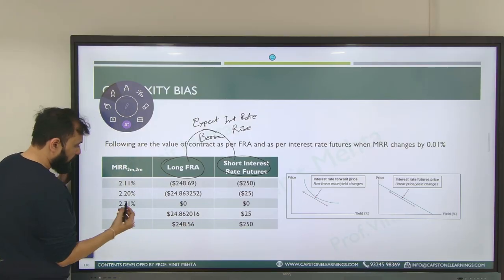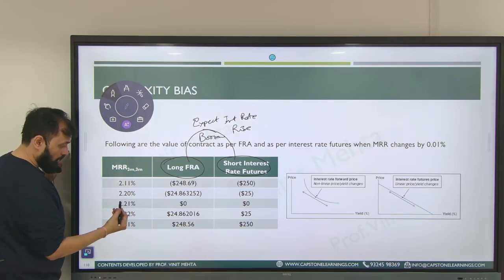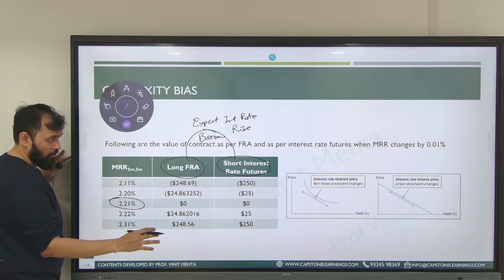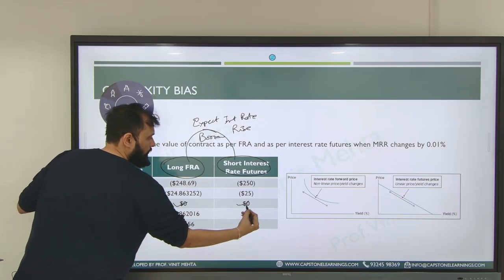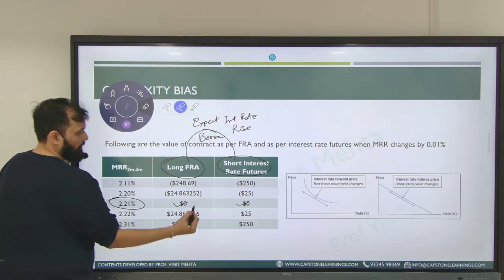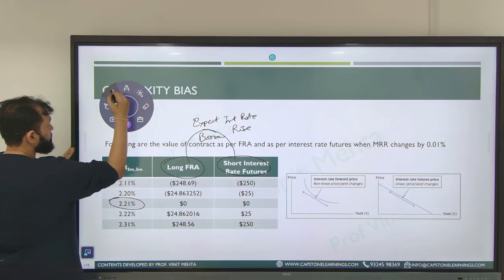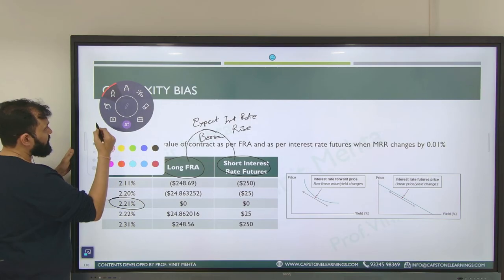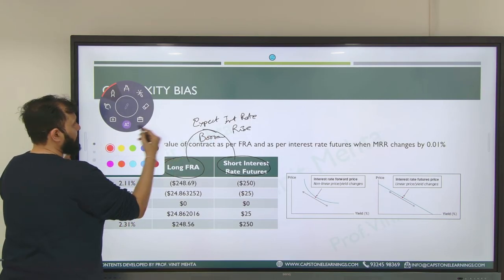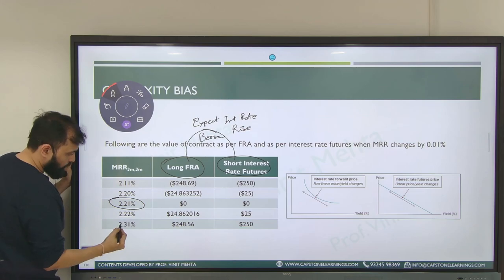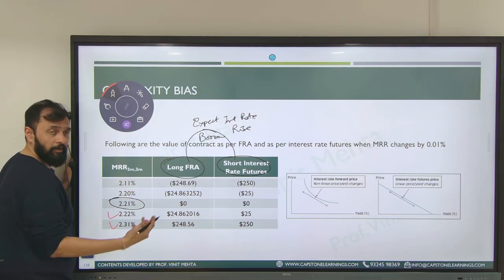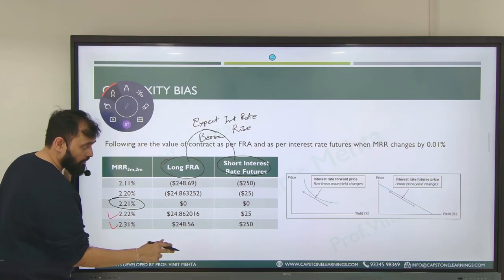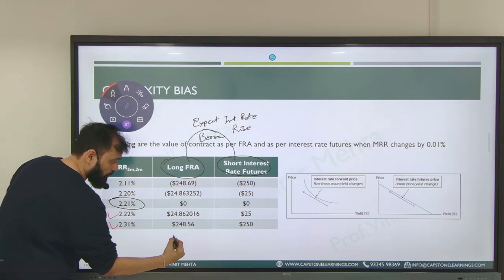Now here's the thing, let's say the fixed rate is 2.21%, for example. If the actual rate is also 2.21%, there is no payoff for both of them. They both are not having any advantage. But remember, both are expecting the interest rate to rise. So if the interest rate actually rises, to 2.31%, both of them have a positive payoff, because their bet went right. But are you realizing, in case of an FRA, the settlement happens at present value.